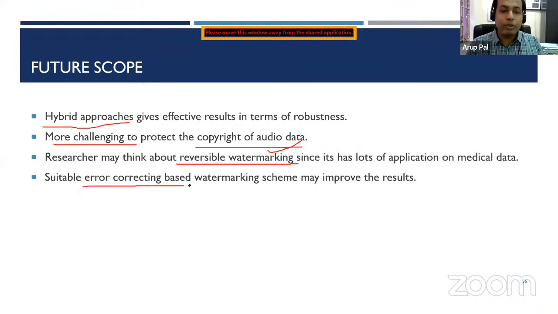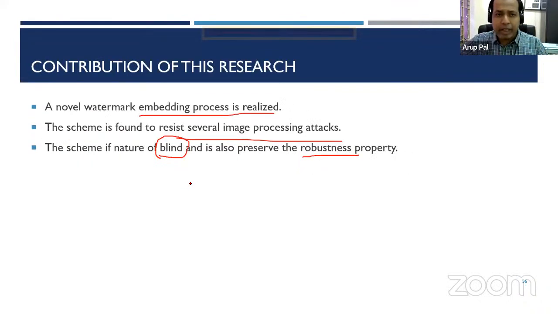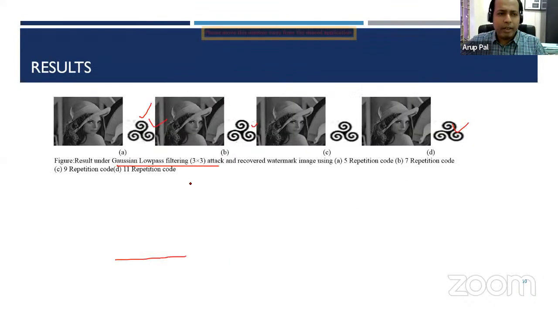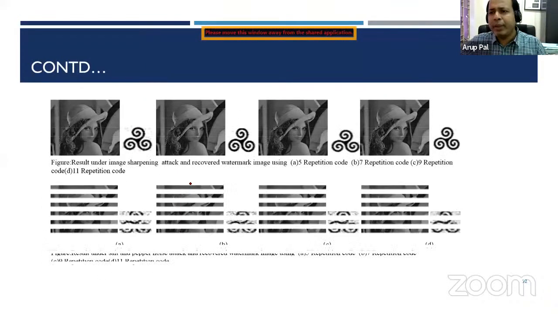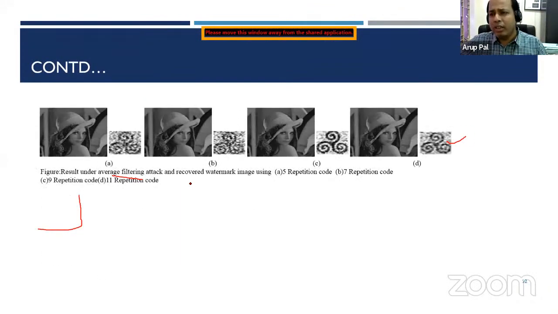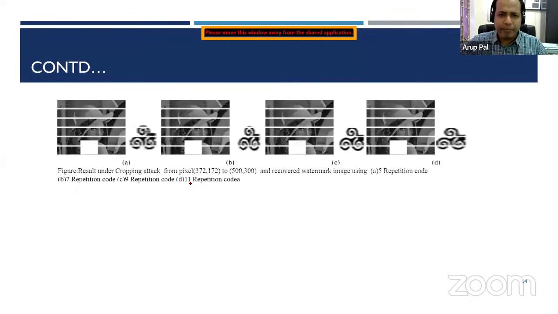Another thing is suitable error correcting codes. If some error occurs, you can use suitable error correcting codes so that you can effectively recover the watermark in this particular process. Like in our case, what happened? We have used this particular error correcting code that is called a repetition code. So on the basis of the repetition code, we can effectively make our watermark survive in this particular process.